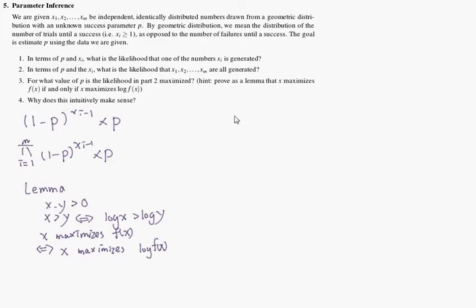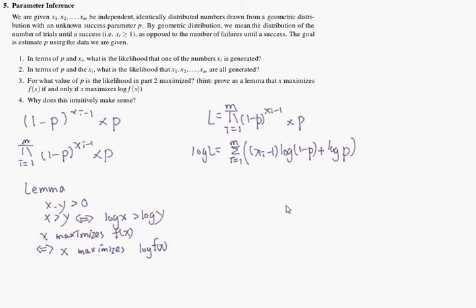The 3 is, we can assume L as the product from 1 to m of (1 - p)^(xi - 1) times p. Therefore, log L will be the sum from 1 to m of (xi - 1) times log(1 - p) plus log p.